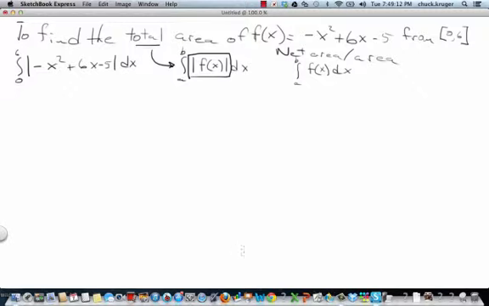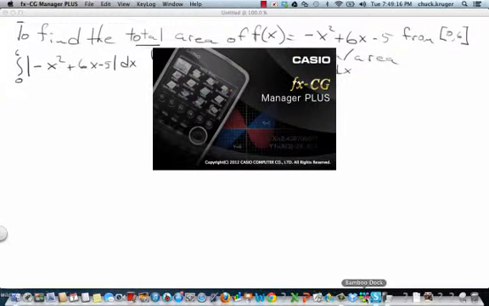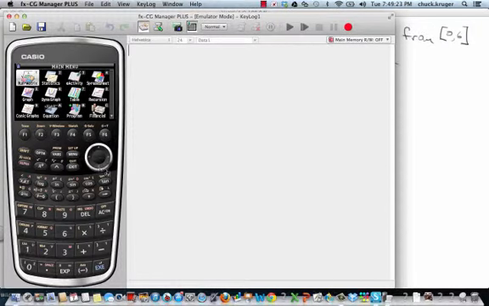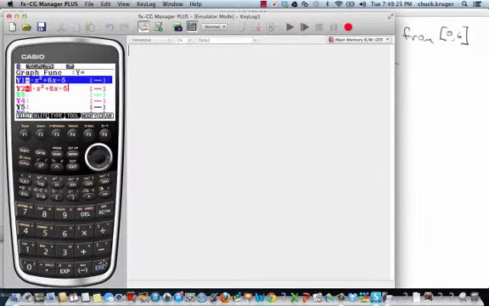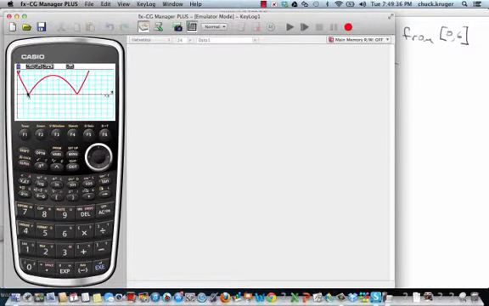Okay, and I'm going to first show you how to do this on your calculator. So I'm going to grab my calculator. I'm going to delete this one, I don't really need that, and I'm going to draw this one. You can see everything's above the x-axis, so all my area is above the x-axis, so it's going to be positive.